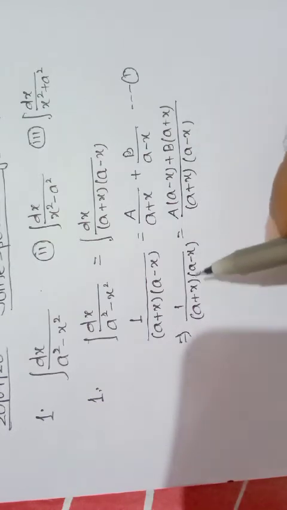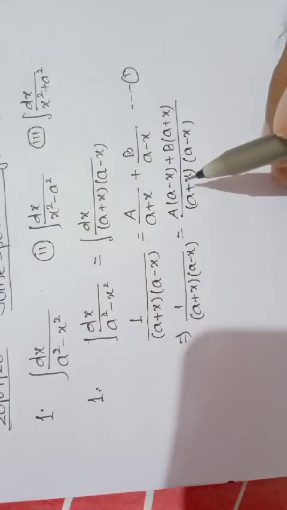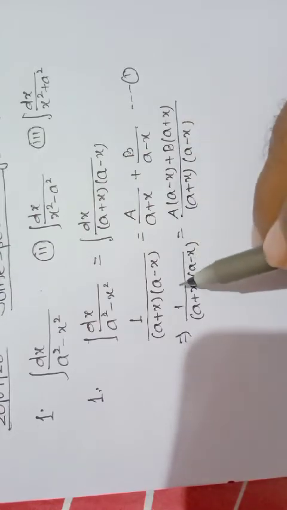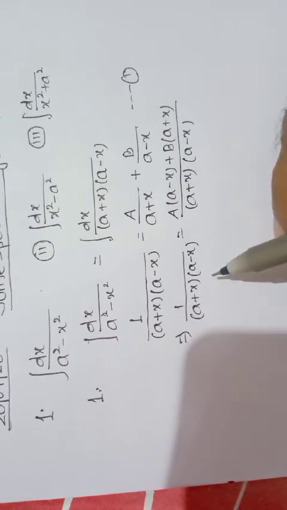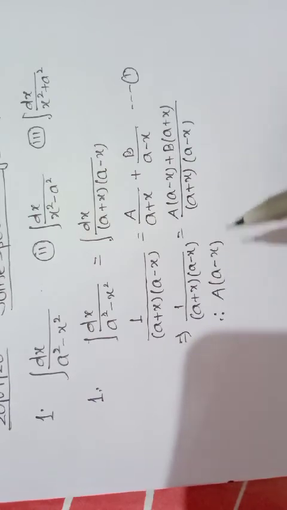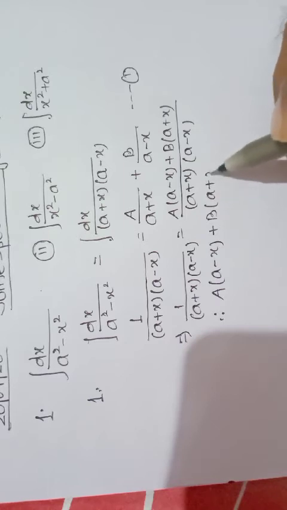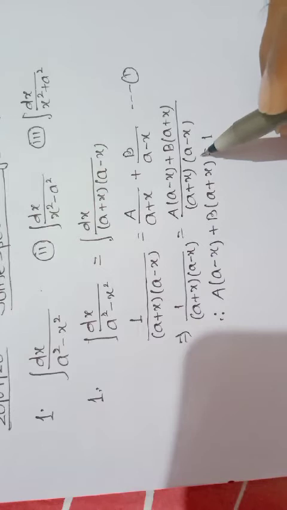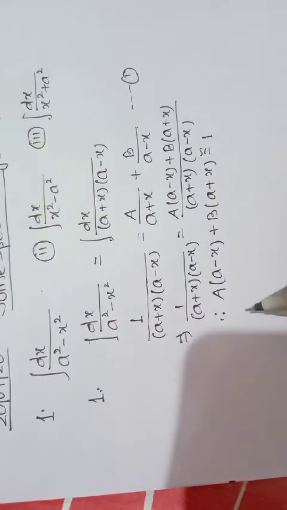Now compare both sides. Then the numerator should equal 1 as the denominators are the same. Therefore we write A into a minus x plus B into a plus x equals 1.